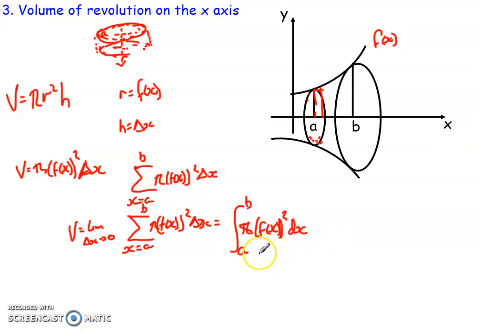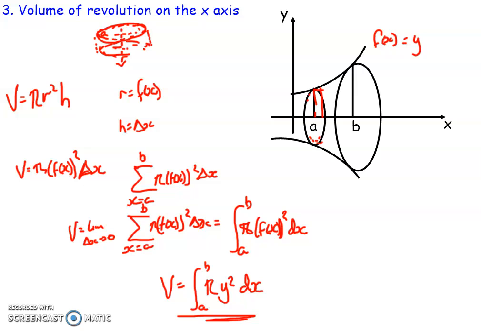So what that allows me to say is that the volume V can be given by the integral from a to b of pi, and f of x, remember, we denote most of the time as y, so pi times y squared dx. So that is the volume of a shape where we calculate the revolution of the curve around the x-axis. That's the formula we would use for that.